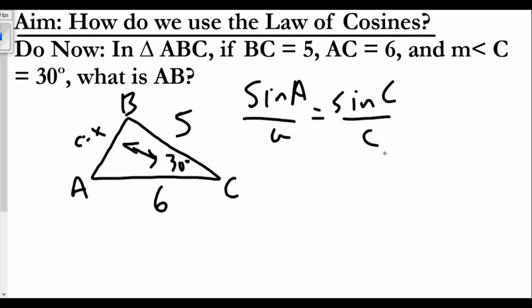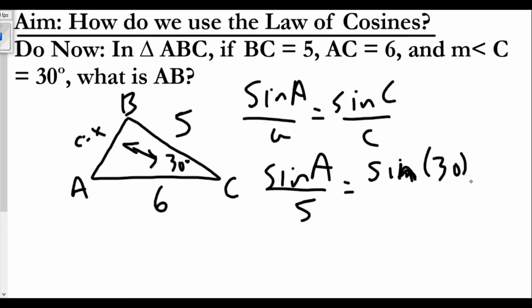The sine of A, well, we don't know the angle, but we do know the side opposite A is 5. And the sine of C, well, we know the angle is 30 degrees, so the sine of 30 over c.